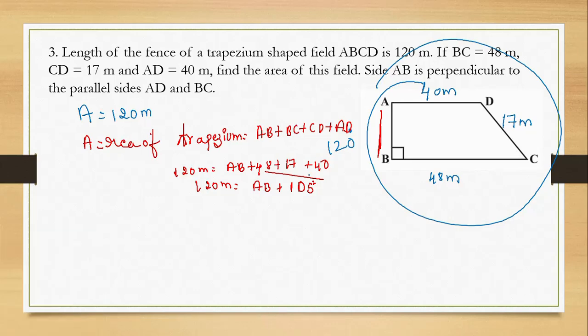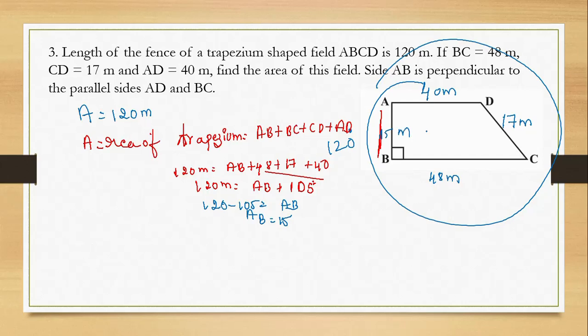So if we do 120 minus 105, AB is equal to 15, and we get this side as 15 meter.